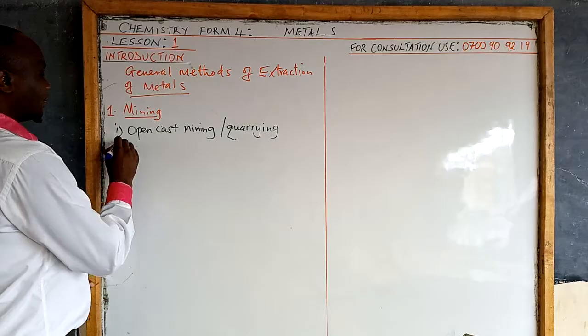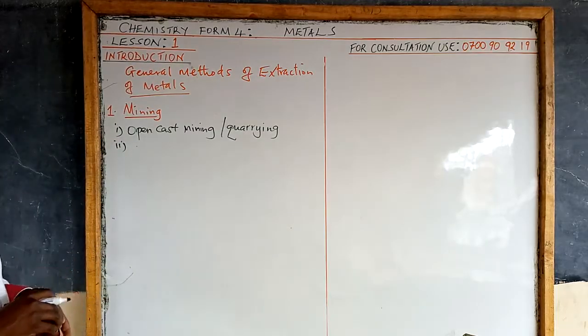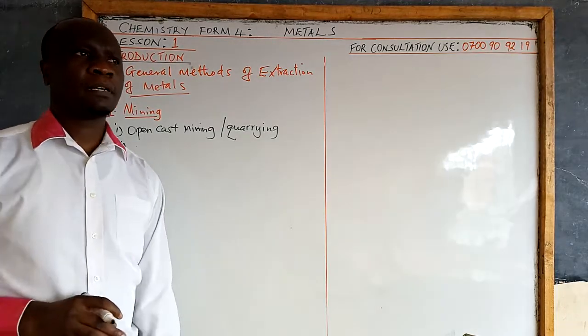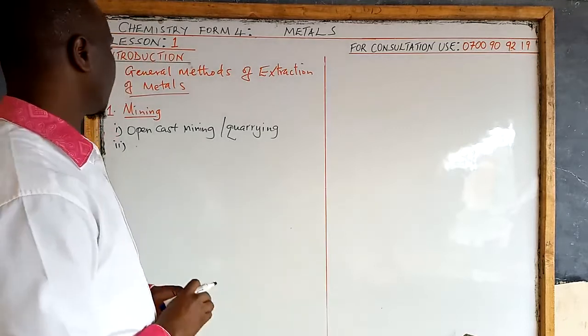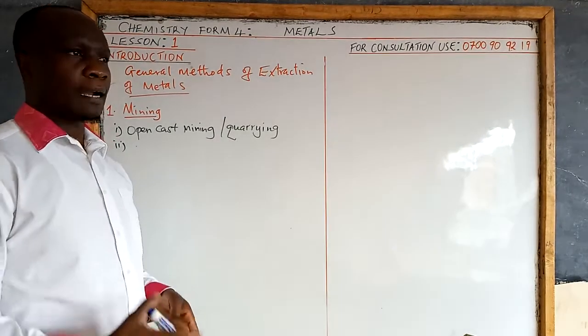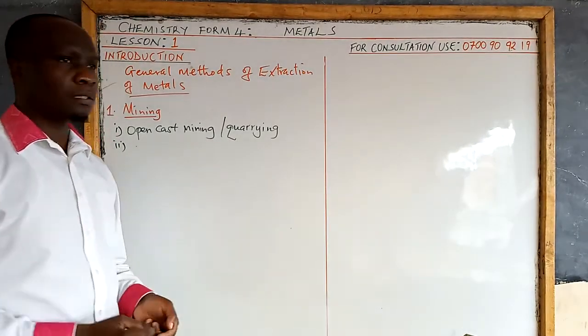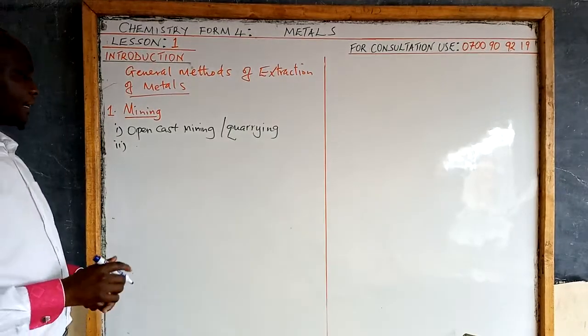There are some other metals that are found very deep under the ground. For example, gold is usually found deep in the ground.